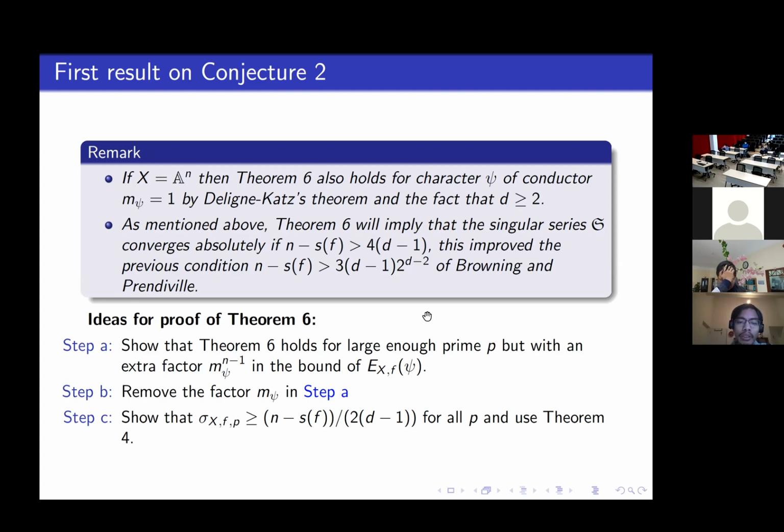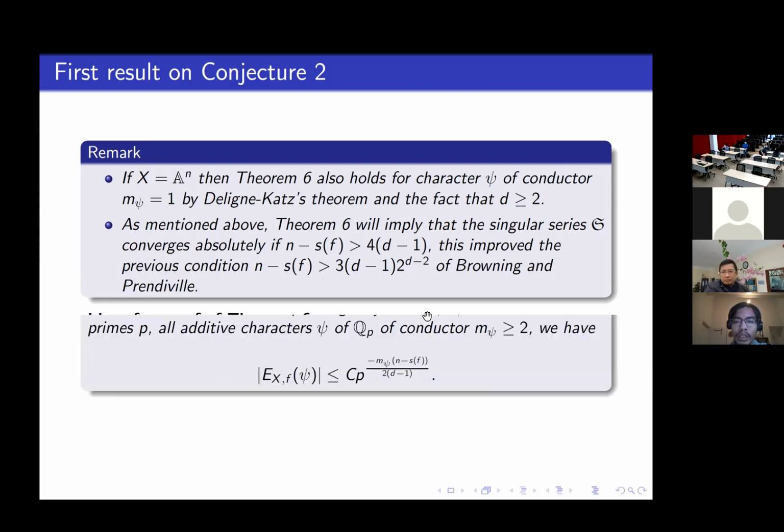So now I want to go to the proof of Theorem 6, the most important thing in this talk. To prove Theorem 6, I need to have some steps. First, step A: I will show that Theorem 6 holds for large enough prime p, but with an extra factor m_ψ to the power n minus 1 on the right-hand side.